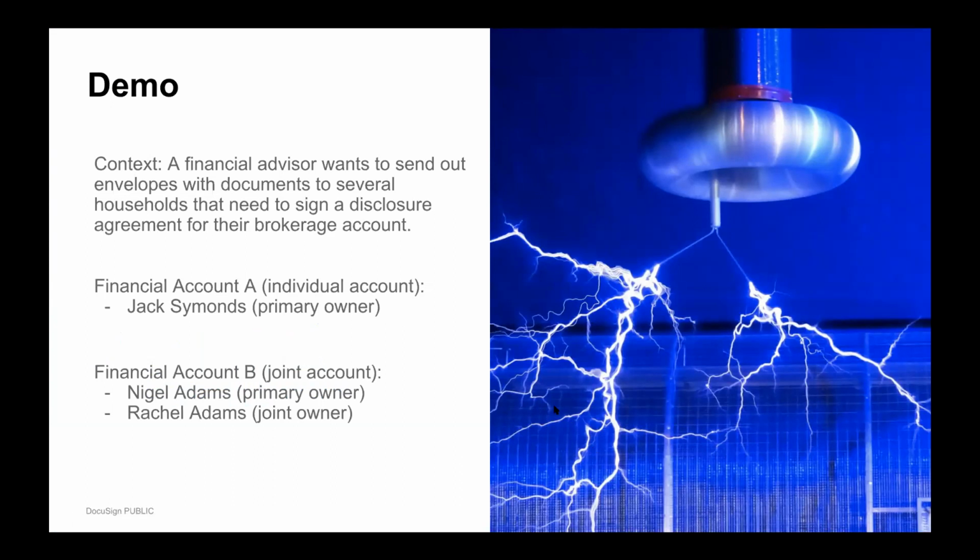Then how to programmatically assign recipient tabs on an envelope for recipient action. And finally, after we place those tabs, we'll demonstrate multi-send, where we send multiple unique envelopes to multiple recipients.